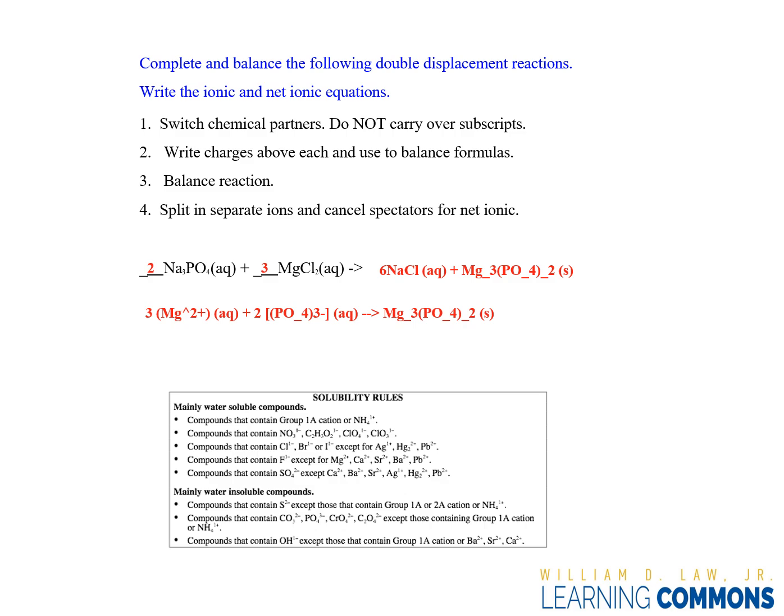For the balanced reaction, we want to focus on each element, and we want to make sure all the elements in the reactant equal all the elements on the other side in the product. For this displacement reaction, sodium phosphate and magnesium dichloride both react with each other and displace elements from each other, and they form sodium chloride and the magnesium phosphate.